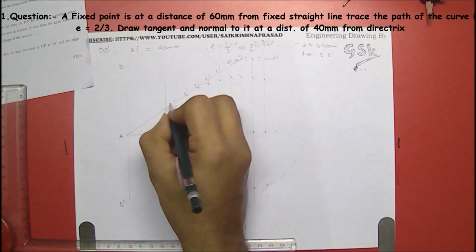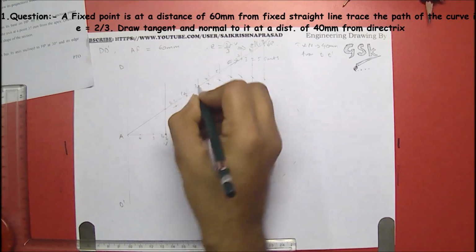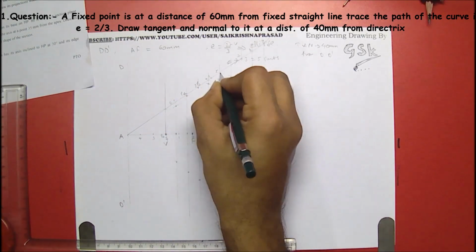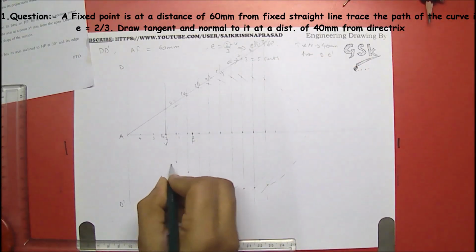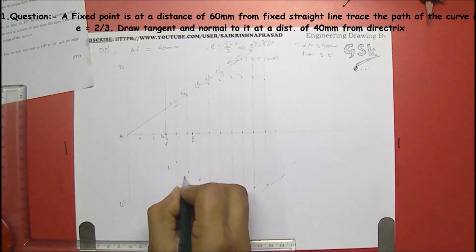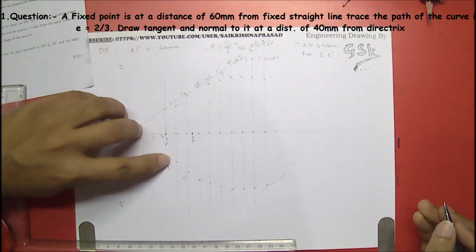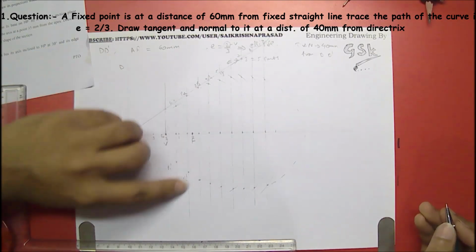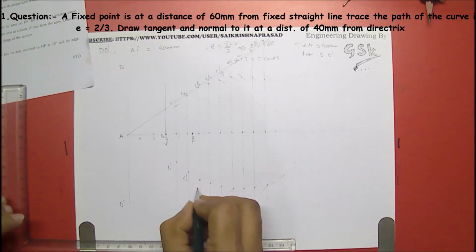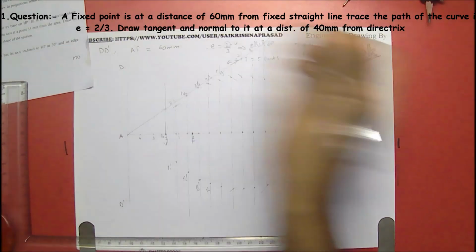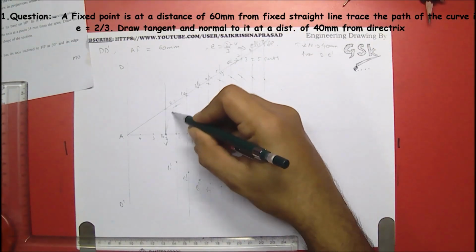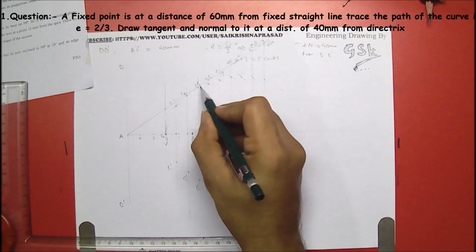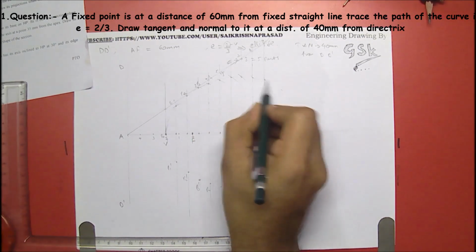So mention P0, P1, P2, P3, P4, P5 and so on. Here P1 dash, P2 dash, exactly P1 down is P1 dash, P2 down is P2 dash, P3, P4 and so on. You can complete the curve by freehand methods.